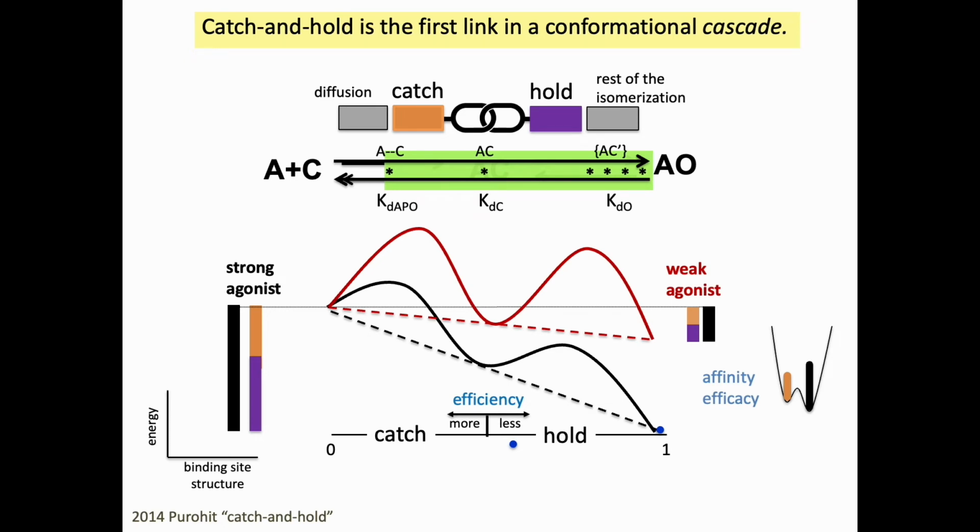So that's the profound implication of efficiency, I think: binding and gating are two stages of a unified cascade. Even though we draw them as separate events, they are energetically linked.